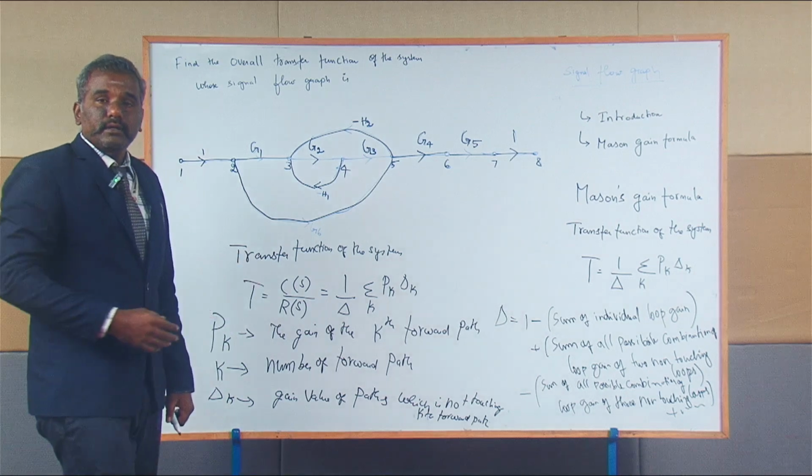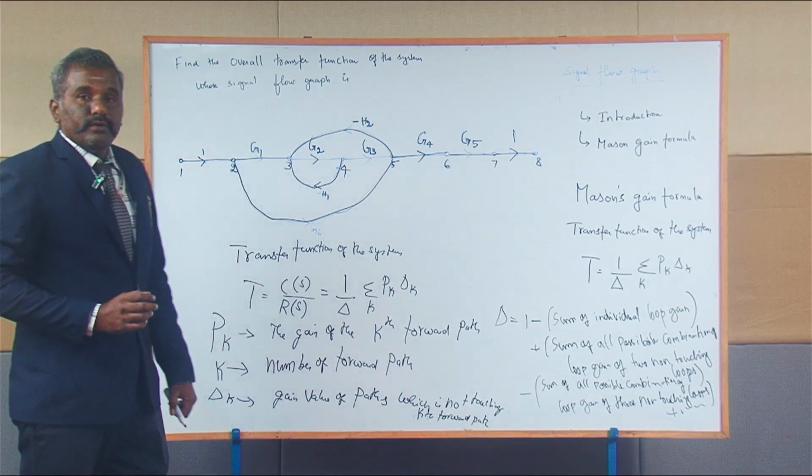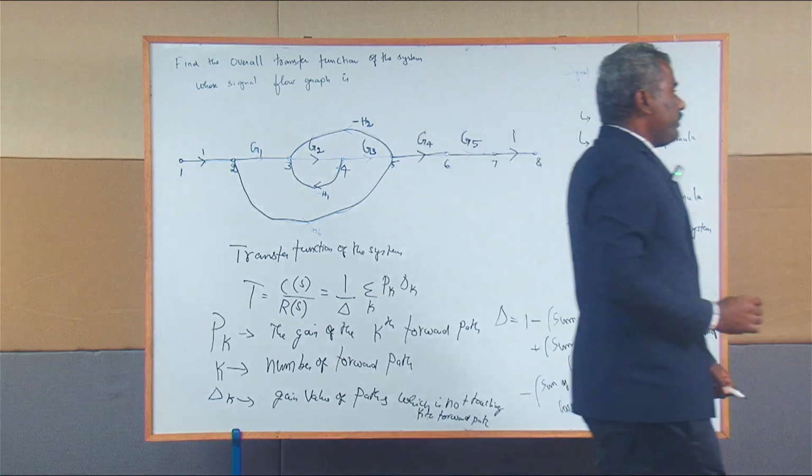So this will be the overall transfer function of the signal flow graph through the Mason gain formula.